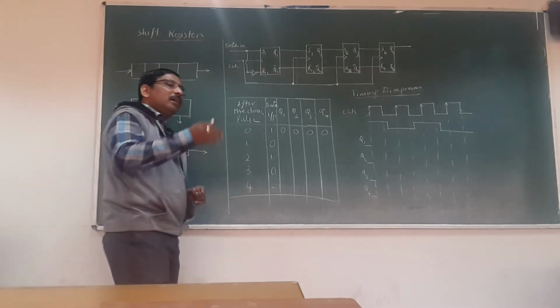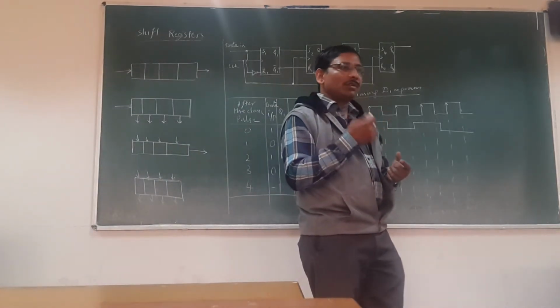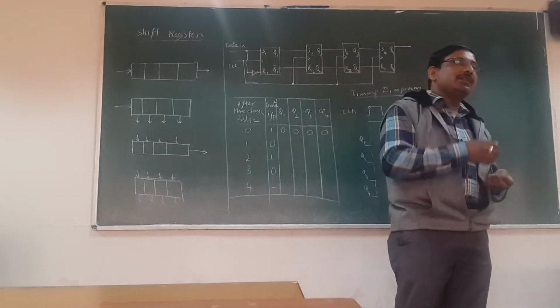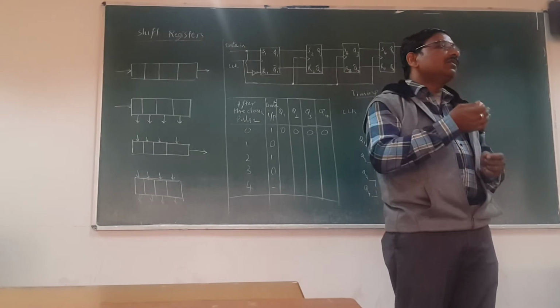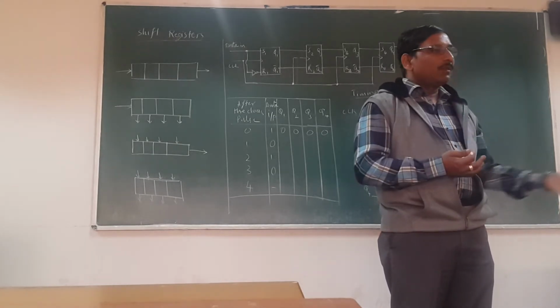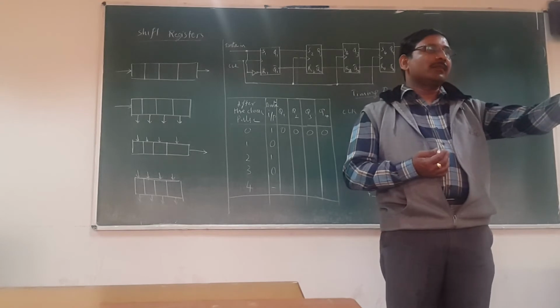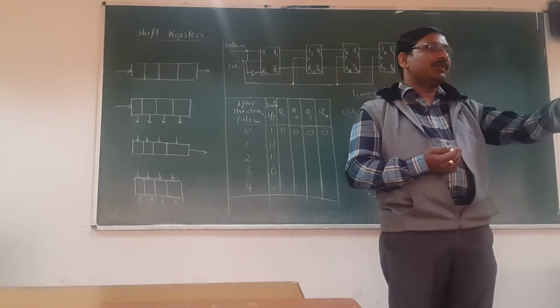Say for example, in a single bench, how many people can sit? 4, maximum 4. Suppose you come here and sit down. It is fine. But we have to control the operation of this sitting. When I say 1, one person should come here. When I say 2, that person should move to the next position and another person should come here.